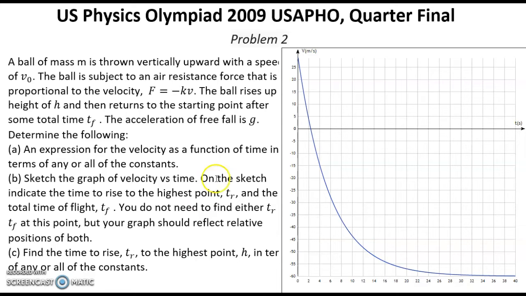Here we have initial velocity about 30 meters per second, and terminal velocity 60 meters per second. Velocity goes to 0 at a time a little less than 3 seconds. Yes, that's correct.